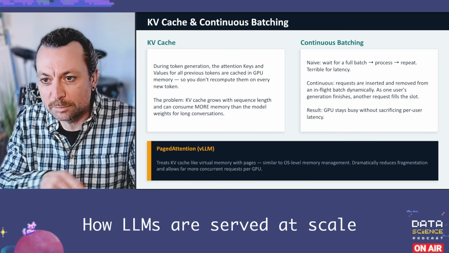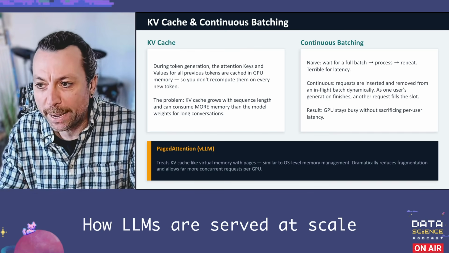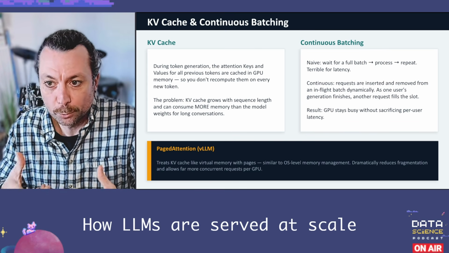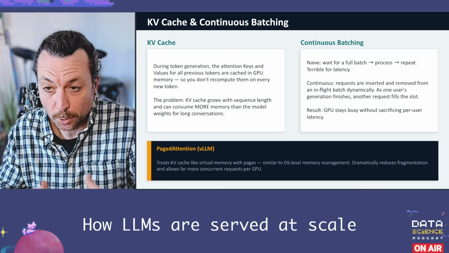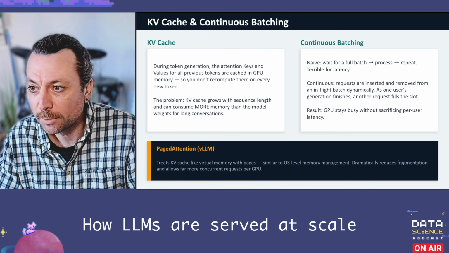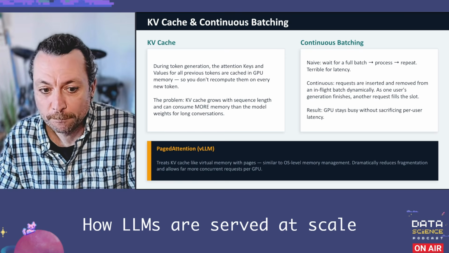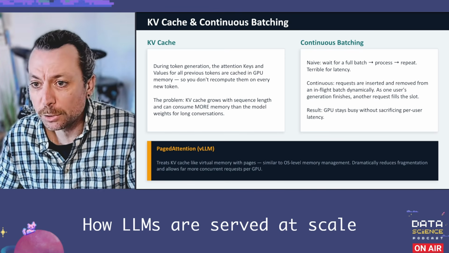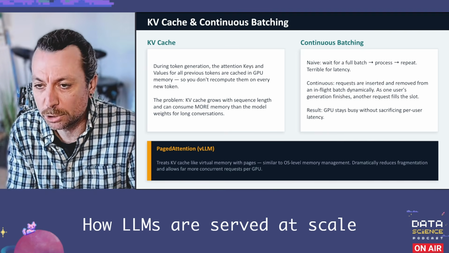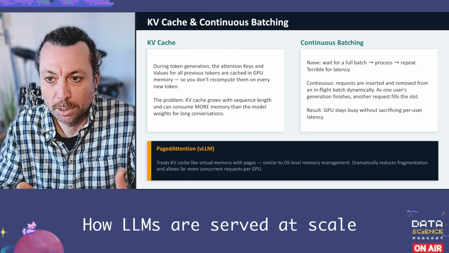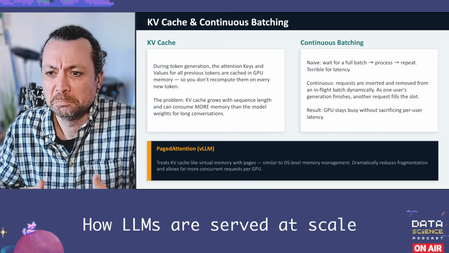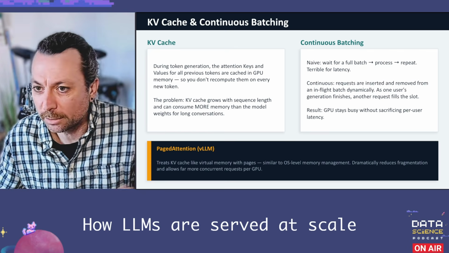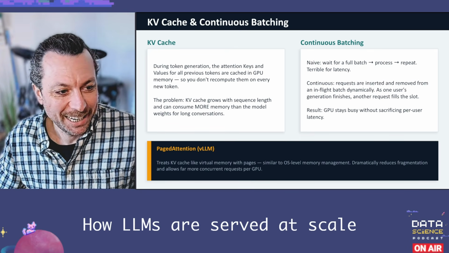And this means that there is this continuous form of batching, which, as a result, keeps the GPU always busy computing stuff. It doesn't sacrifice the per-user latency. And of course, it's more efficient because, if you are paying for a GPU by the unit of time, you're actually using that GPU almost all the time, right? You don't want the GPU to sit there and do nothing, right? You paid for it.